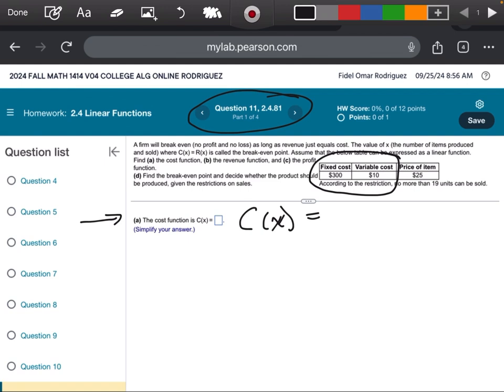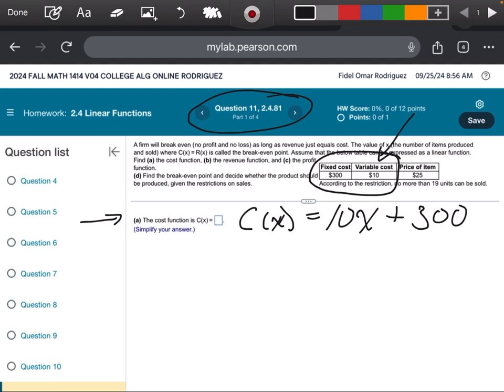The variable cost means for every item that we produce, it's going to cost us $10. So we're going to say 10x. And then plus my fixed cost, which is going to be 300 regardless of how many items we make. So my cost function, guys, is C of X equals 10x plus 300.